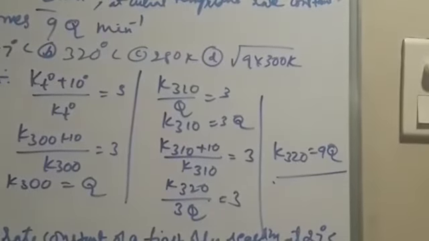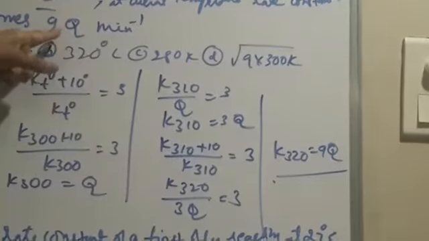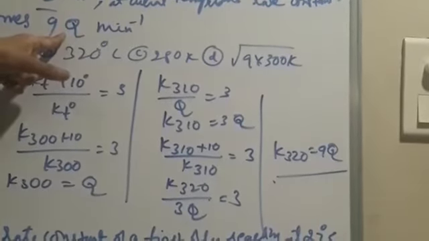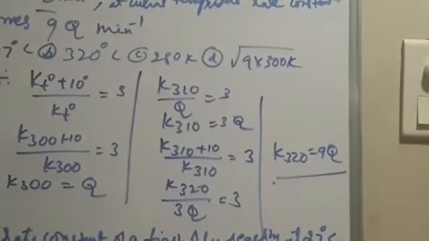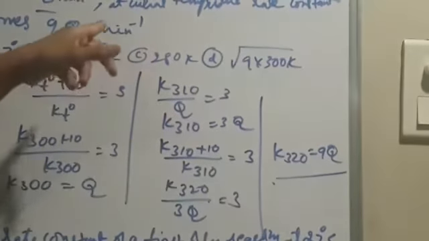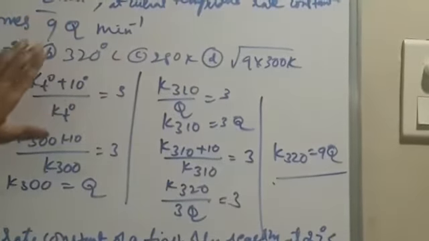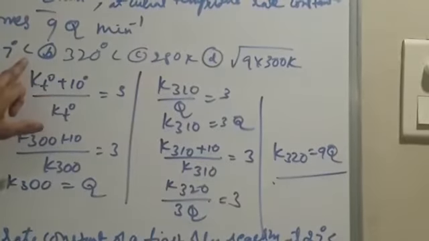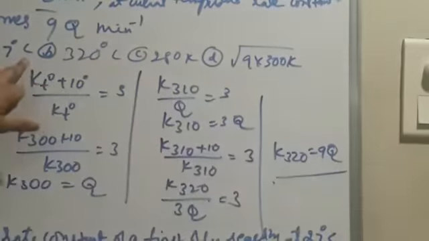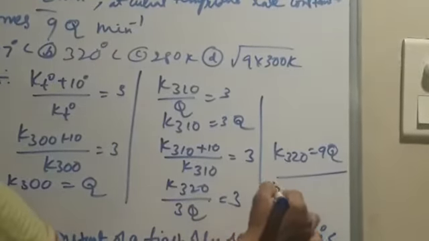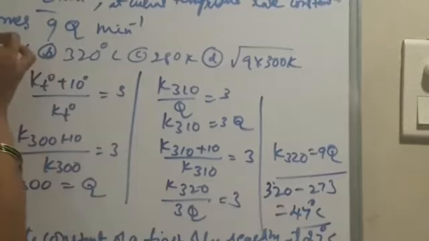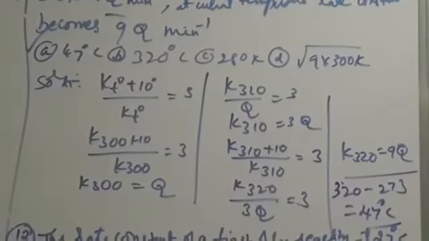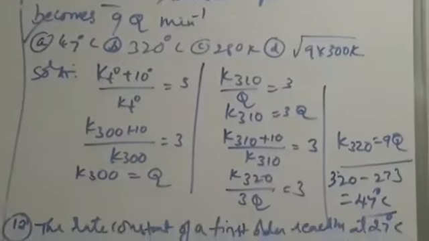So at 320 Kelvin the rate becomes 9Q minutes inverse. The options are given in degrees centigrade, and 320 Kelvin is not there. So 320 minus 273 is equal to 47 degrees centigrade. So this is the correct option, 47 degrees centigrade. Okay.